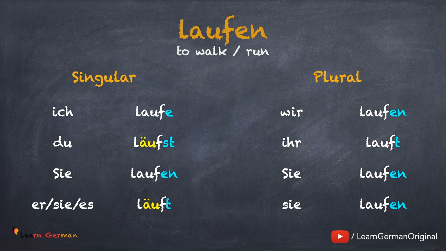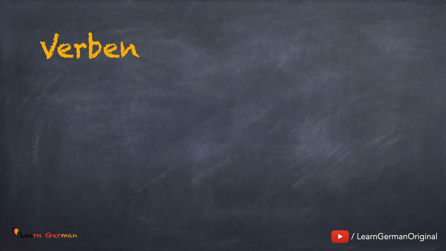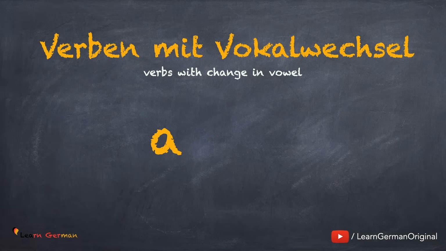Er, sie, es läuft. Wir laufen. Sie laufen. Of course, there are more verbs that fall here, but right now we are just doing the verbs we require in A1. Here is the next category.